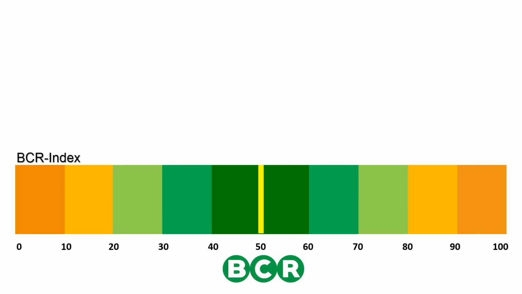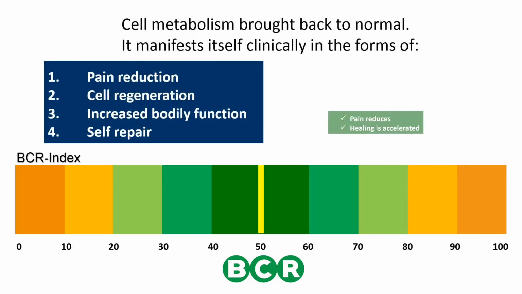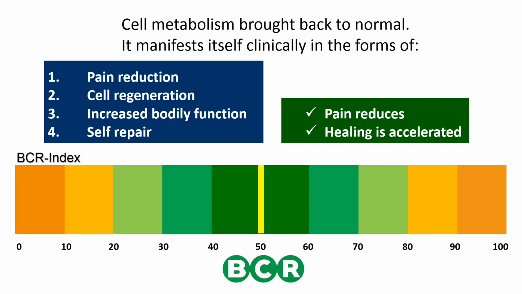Okay, now let's look into what it means when the yellow bar reaches the middle level, close to 50 or around it, the dark green rectangle box in the middle. It means that cell metabolism is normal, brought to normal, and that manifests itself in the forms of pain reduction, cell regeneration, increased bodily function, and self-repair. So by holding it here long enough, you can actually induce self-repair by the body.